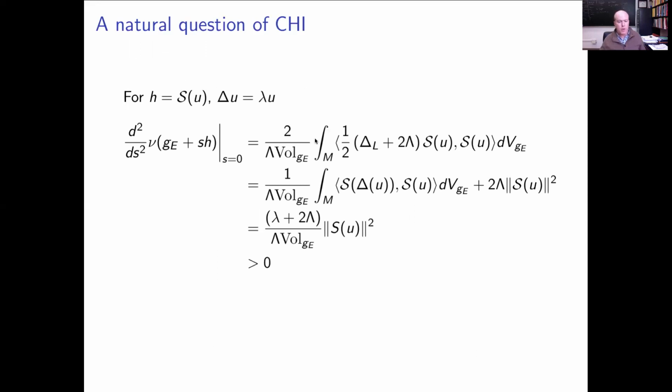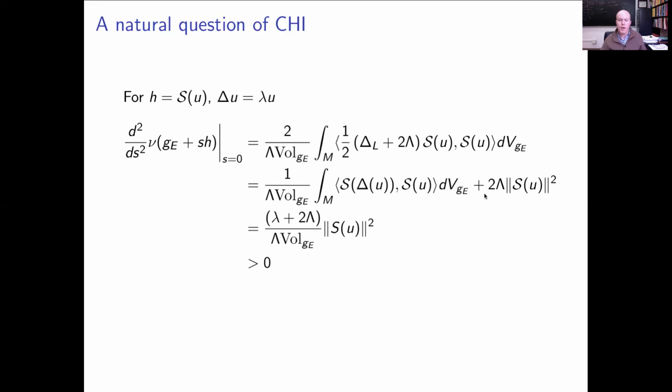If we feed this into our formula for the second variation, what do we get? Well, the 2's and the half cancel. The second term lies in the right space to use our simplified formula, so we plug it in, and in the second slot you have the integral of S of u with itself. So this is the norm of S of u squared times twice the Einstein constant.